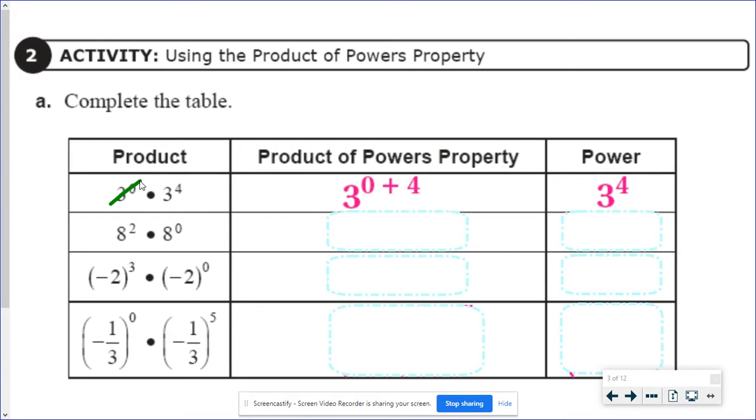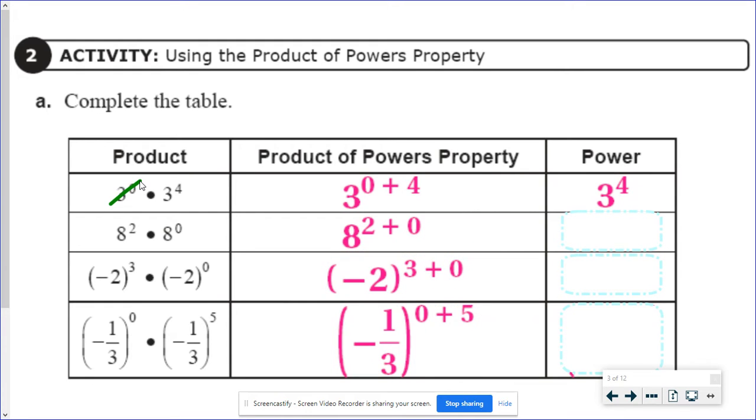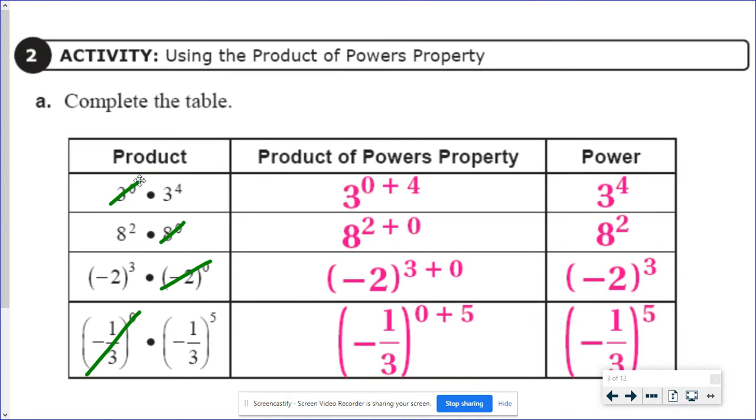So ignoring that 3 to the 0 power and just having 3 to the 4th, or adding the exponents, I still get 3 to the 4th power. So on these problems, I can show you these product rules where we're adding the exponents, but I would also say, since anything to the 0 power is equal to 1, multiplying by 1 doesn't do anything, I could really take anything to the 0 power and just basically ignore it, and I will get my answers there.